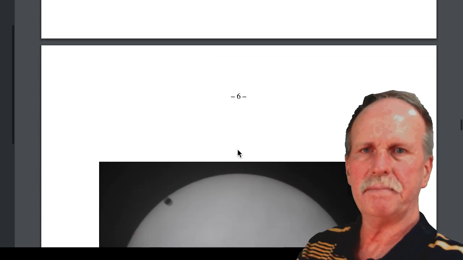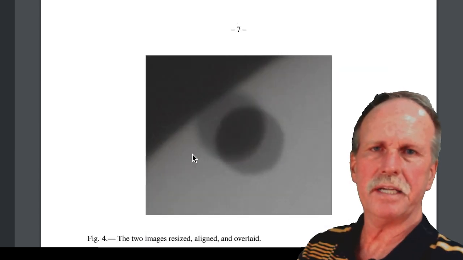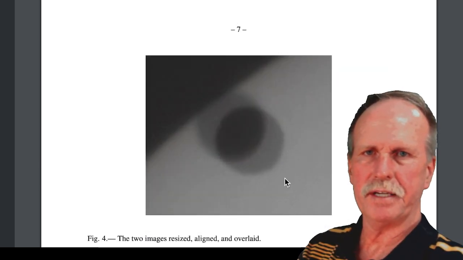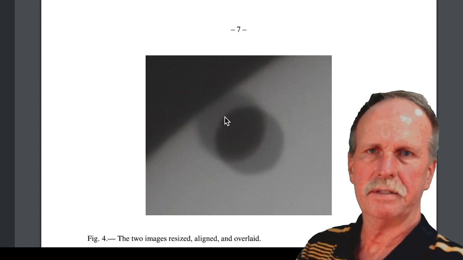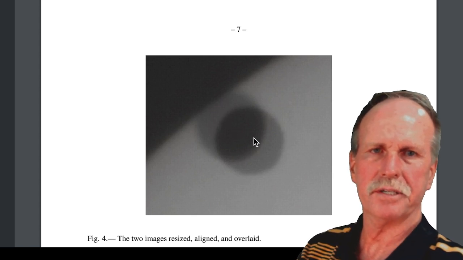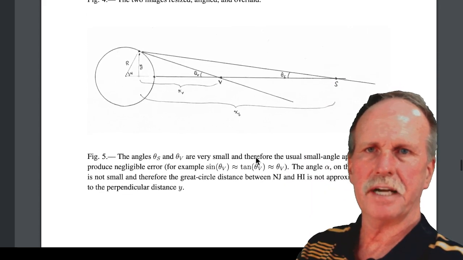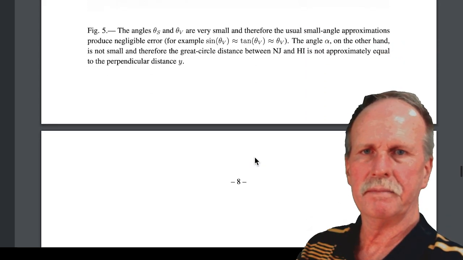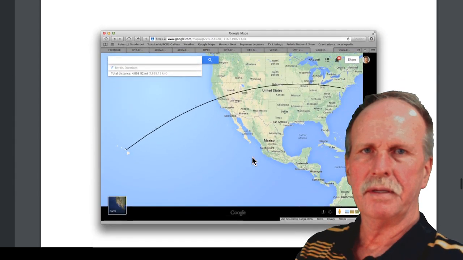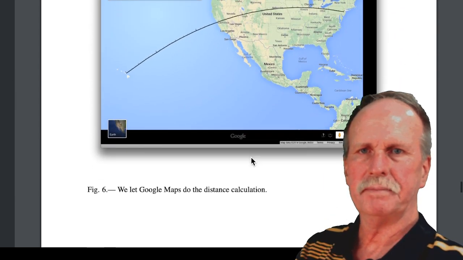And as we stated, and by the way, here's a nice image of the overlapped Venuses. So we took the center here to the center here, counted the pixels, and that's how we got the mathematics. And here's an outline of what he did. There's his locations.